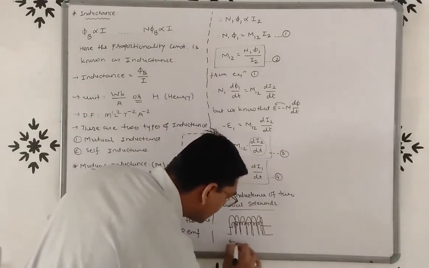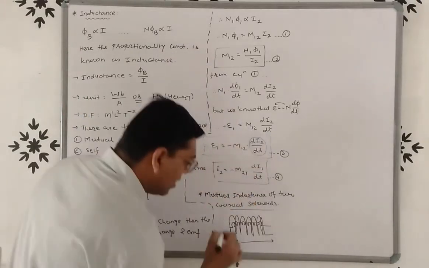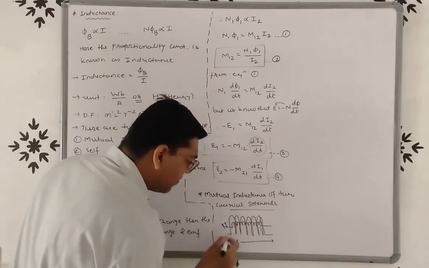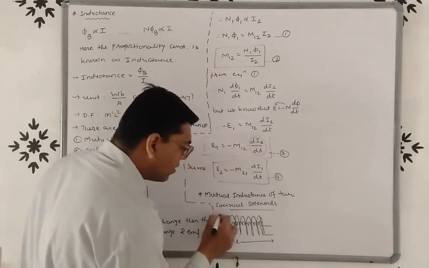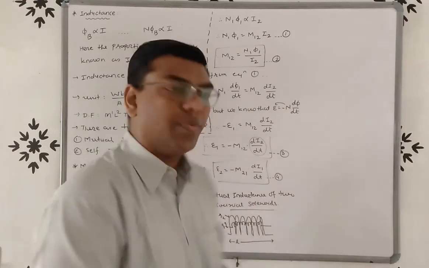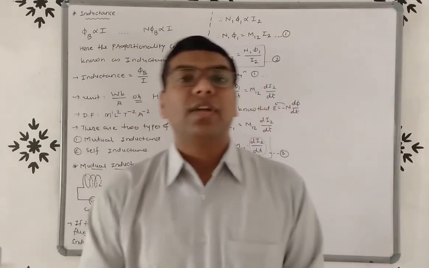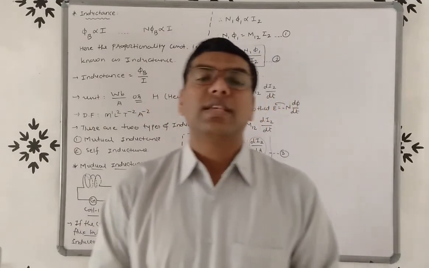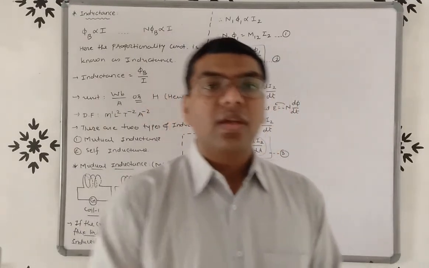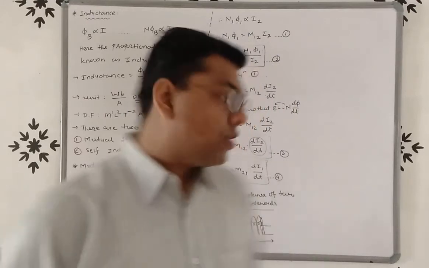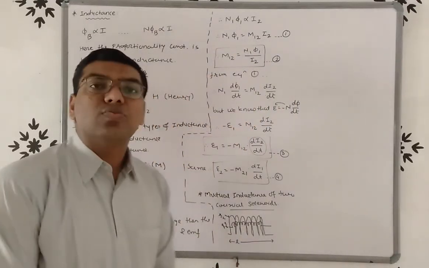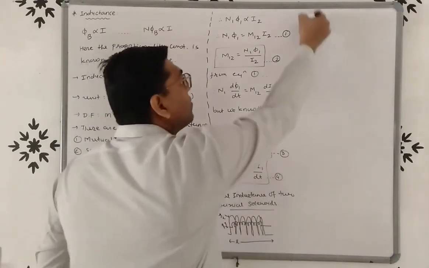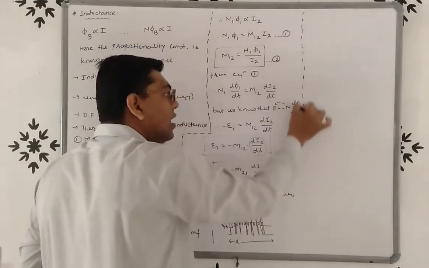The length of the solenoids is L. The radius of the first solenoid is R1 and the radius of the second solenoid is R2. The number of turns in the first solenoid is N1 and in the second solenoid N2. The number of turns per unit length of solenoid 1 is small n1, and of solenoid 2 is small n2.